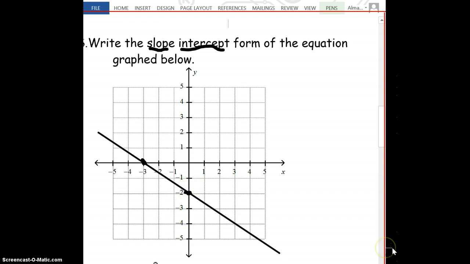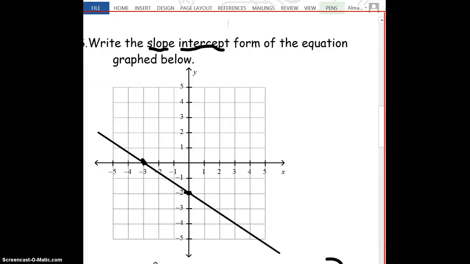But because I'm going down, my rise is negative 2. Just a quick way to double check yourself: anytime you're looking at slope, if the line's going down, you know the slope has to be negative. If it's going up, it has to be positive. So in this case, we should end up with a slope that's negative because our line's going down.